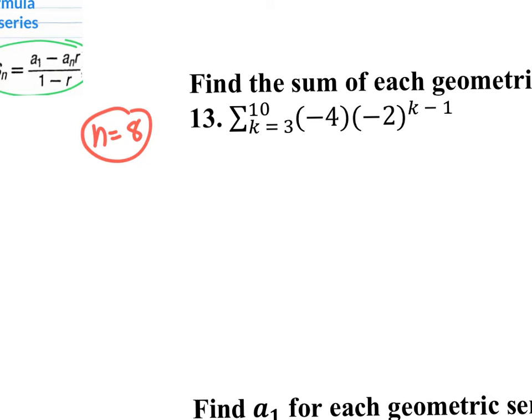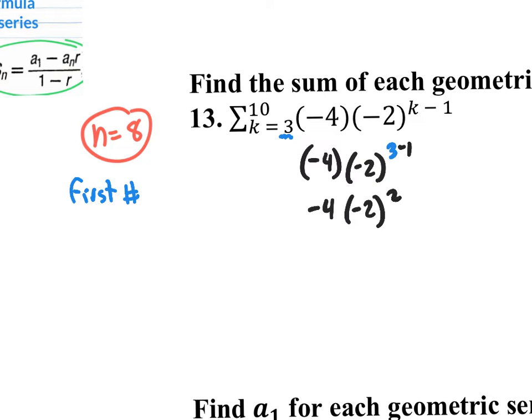So we have an n. Do we have an a sub 1, which is the first number on your list? We could find that first number by simply plugging in the 3. That'll give us our first number on our list. So let's do that. We're going to have a negative 4 times negative 2 to the power of 3 minus 1. So that's really a negative 4 times negative 2 to the power of 2.